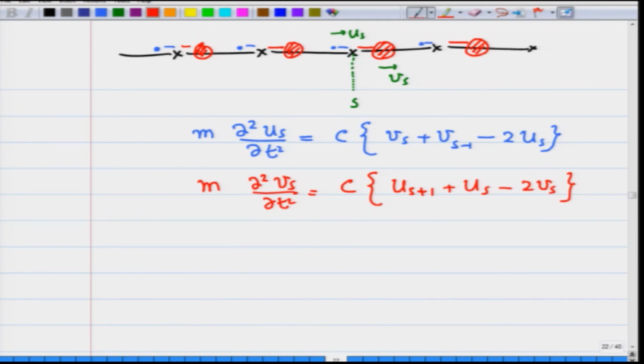Now, in writing these equations, you may have noticed I have made a mistake, and the mistake was that I have taken the masses of the atoms to be the same. They are actually different, that is why they are different kinds of atoms. So, I am going to put M1 and M2 here.